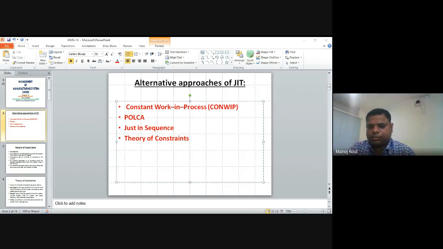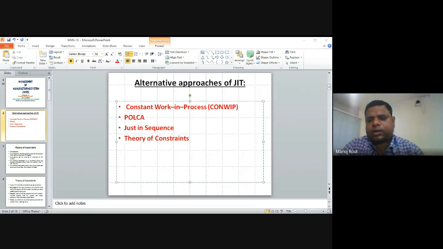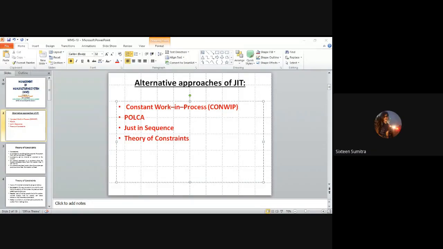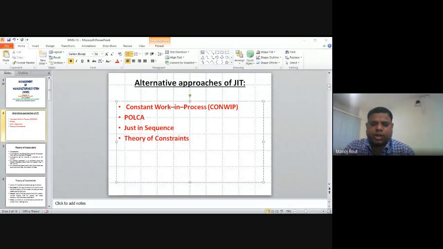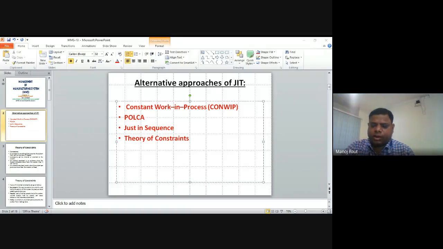Okay, Satya, what is the need of good manufacturing practice? Sir, cost reduction. Yes, good, cost reduction. Anything else? Risk management, sir. Yes, risk management. Yes, Rekha, you may proceed. Waste reduction. Okay. So these are the things, starting from cost, waste, and quality, and most important, labor and capital also.